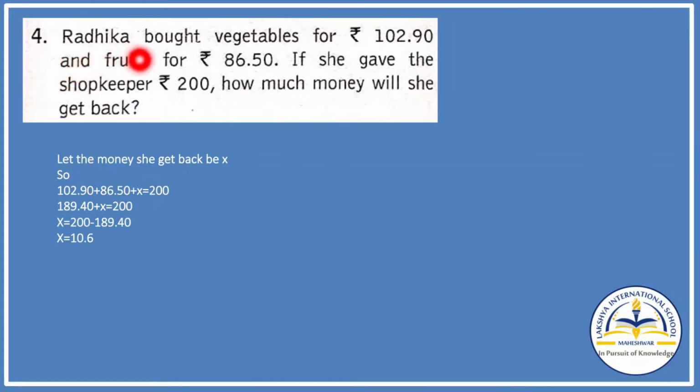Question number 4. Radhika bought vegetables for rupees 102.90 and fruits for rupees 86.50. If she gave the shopkeeper rupees 200, how much money will she get back? Let the money she gets back be x. For vegetables she paid 102.90, and for fruits she paid 86.50, plus x, and 200 is the money given by her.